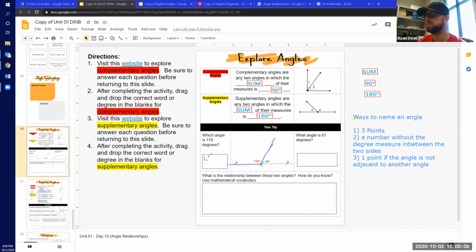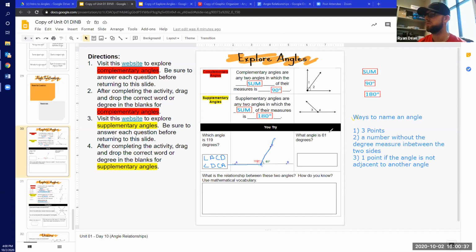We can either say angle A, we can start at A, go to C, and then D. Or we can go backwards and we can start at D, go to C, and then A. So two different ways to go. You can either go left to right, or right to left, it doesn't matter.